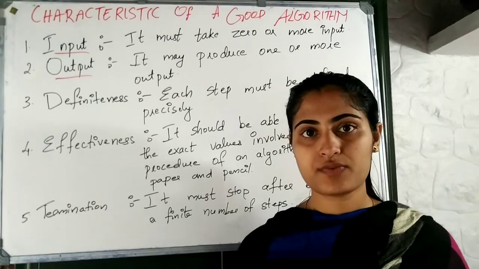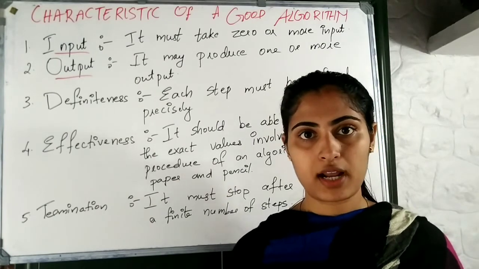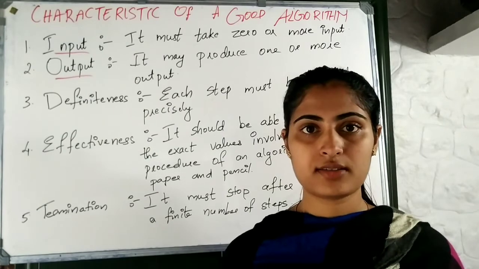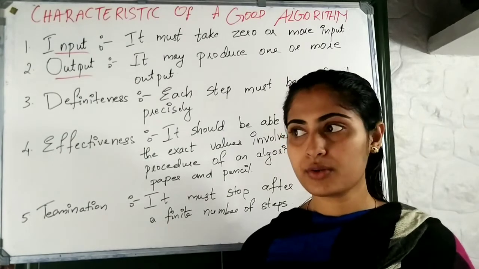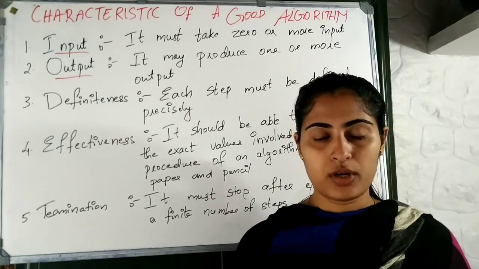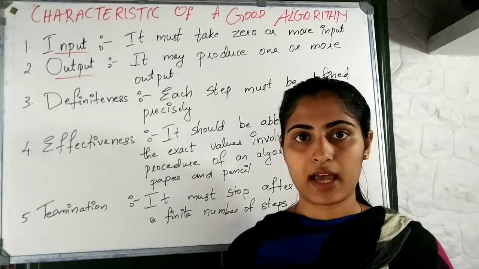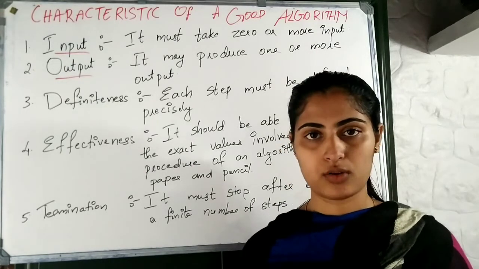Whatever operations we write inside this algorithm, we should be able to carry them out with paper and pencil. Only calculations which we can do with paper and pencil can be included inside an algorithm.